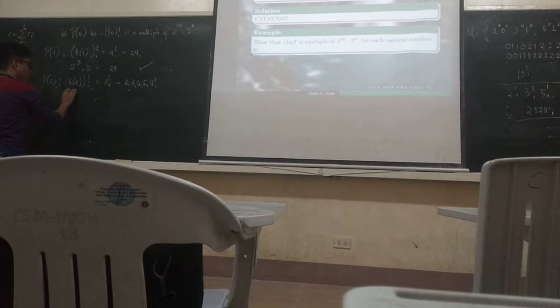So this is 24 times 24 times 2 to the 3 times 3. And remember, this is 48, which is a multiple of 24. So therefore it's true.